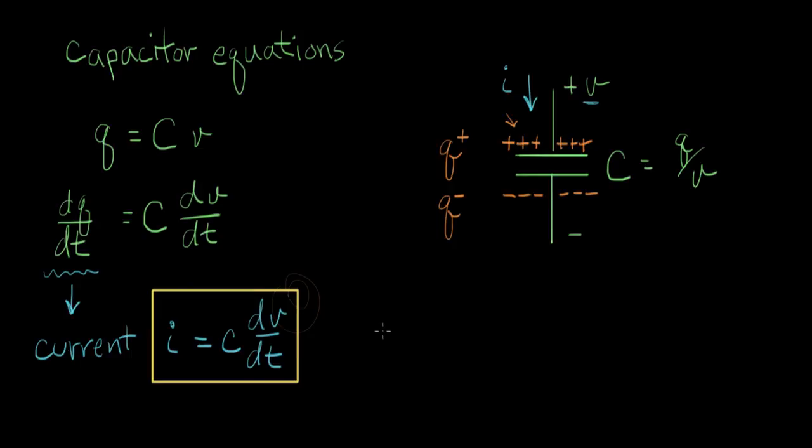All right, now what I want to do is find an expression that expresses V in terms of I. So here we have I in terms of dV/dt. Let's figure out if we can express V in terms of some expression containing I. The way I do that is I need to eliminate this derivative here. And I'm going to do that by taking the integral of this side of the equation, and at the same time I'll take the integral of the other side of the equation to keep everything equal.